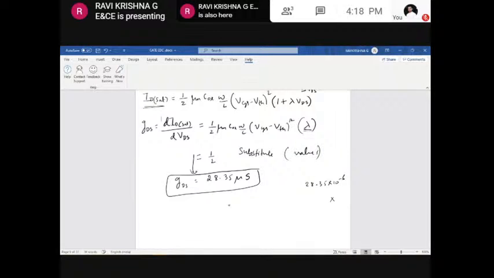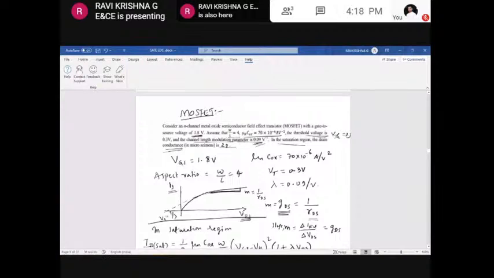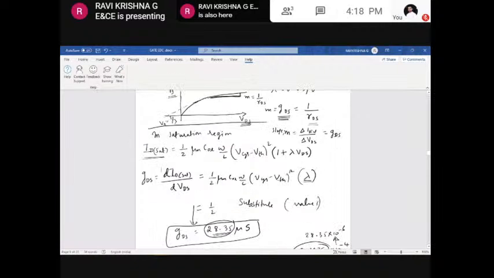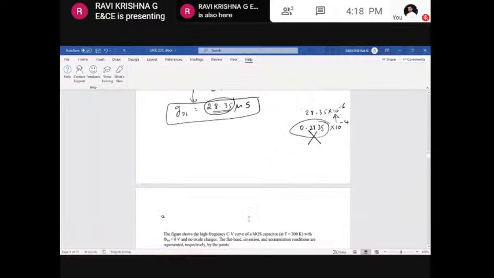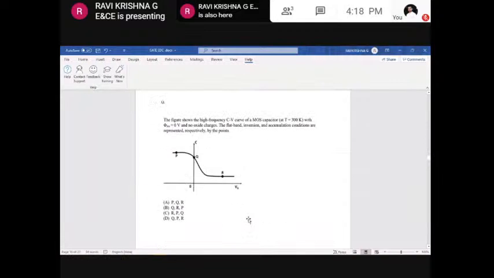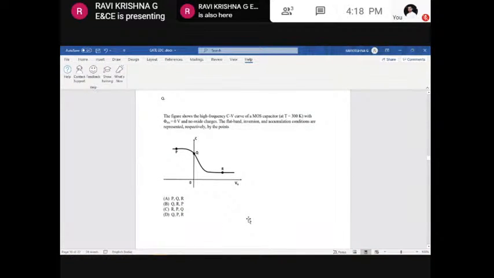So you need to enter only this magnitude part. So your answer is 28.35, because we need to determine the drain conductance in microsiemens.